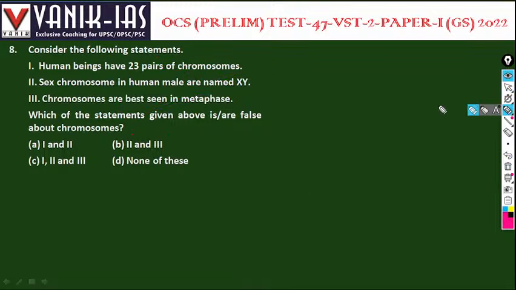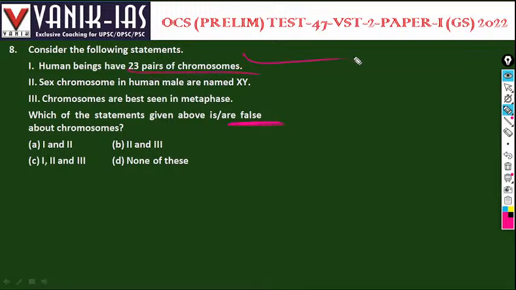Consider the following statements. Human beings have 23 pairs of chromosomes. Human sex chromosomes in a male are named XY. Chromosomes are best seen in the metaphase. Which of the following statements are false?